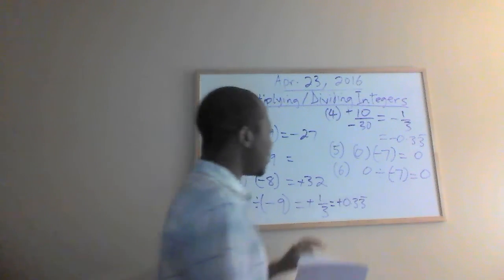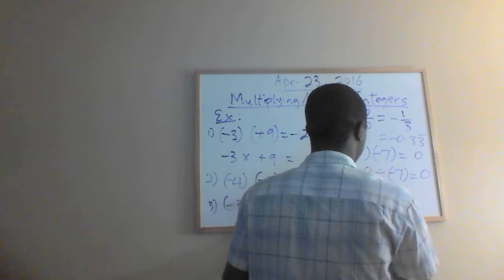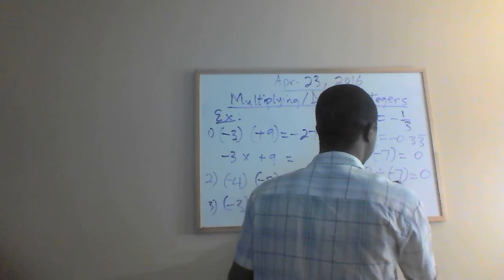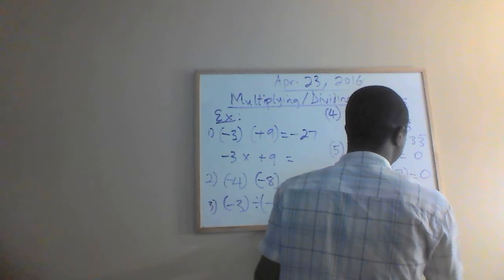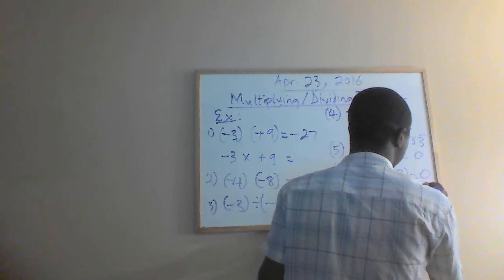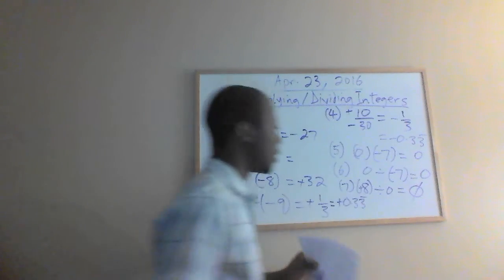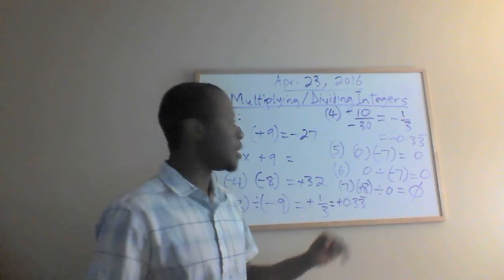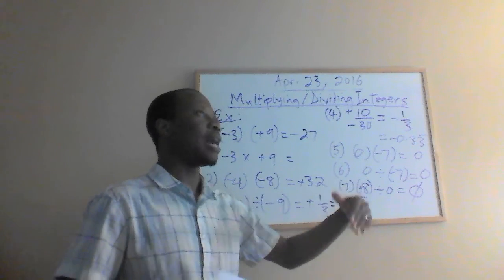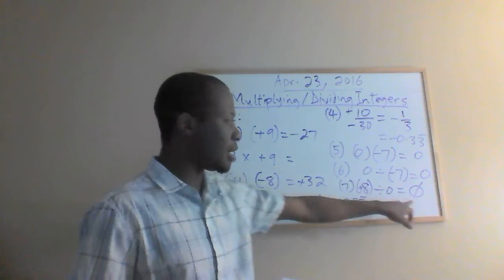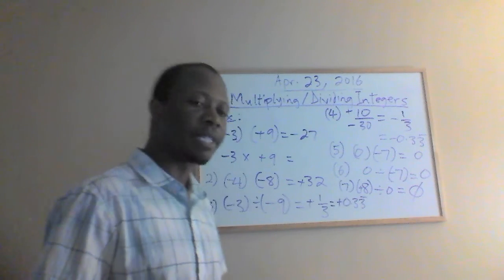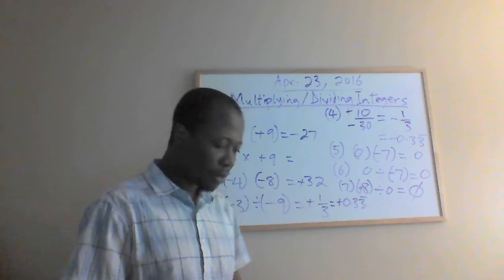But if they give us something like positive 8 divided by 0, this can't be done. So I'm going to write a sign for undefined here, because in math you're not allowed to have 0 as your denominator in a fraction. This is undefined, which means basically that you can't solve the problem.